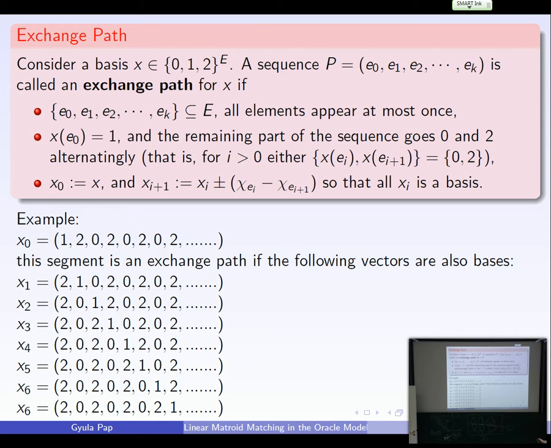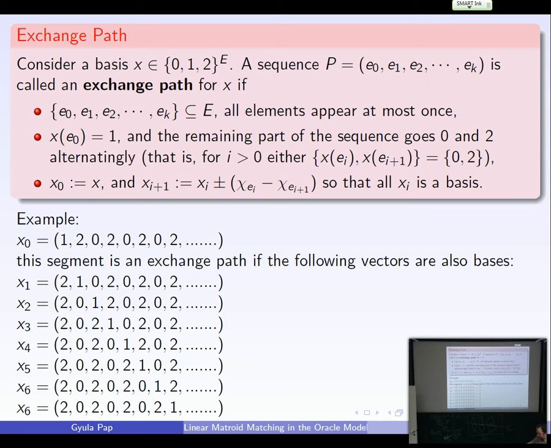So we want to consider a basis. We start with a basis and want to improve it. Like in the matching algorithm, we start with an arbitrary matching, and we try to augment. To augment, we would want to find an alternating path, and an alternating path in this environment looks like this.